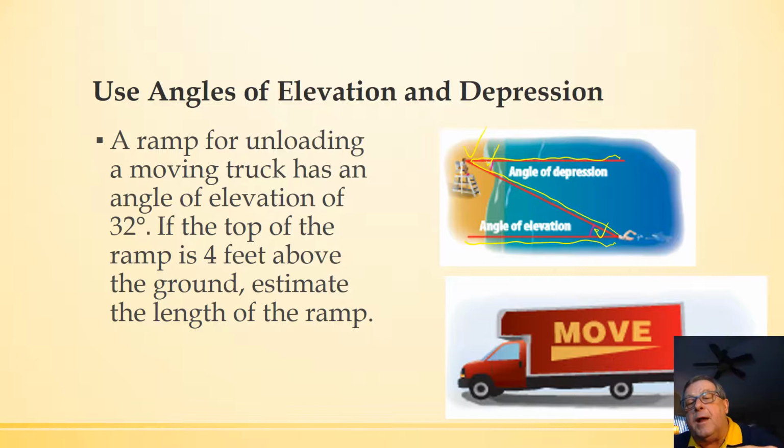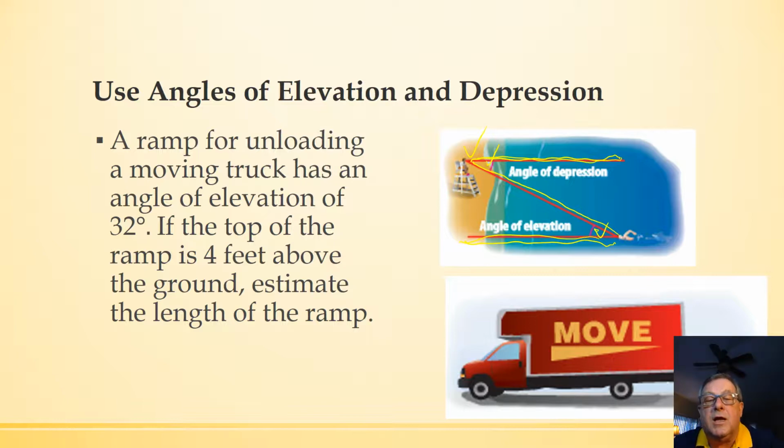Because if we think about that, there are two parallel lines, and the line of sight is actually a transversal between those two parallel lines, then the angle of depression and the angle of elevation are actually alternate interior angles, and so they would be congruent.